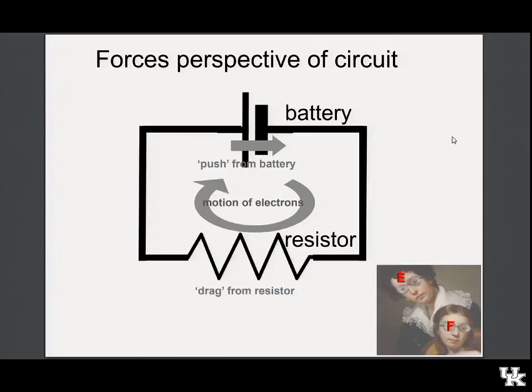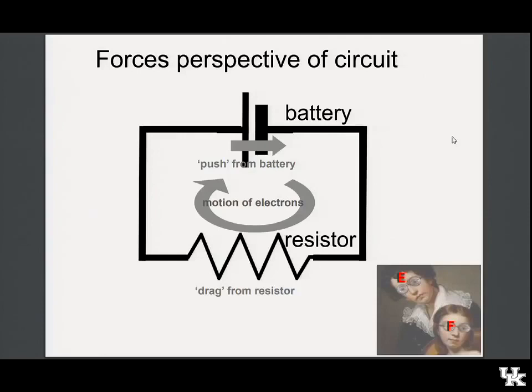So the battery is providing the push, the battery is providing the force, and as a result, there's movement of charge, there's a flow of charge around the circuit. So that's a force perspective where we think about forces, pushes, pulls, and we think about movement, motion. So that's one way of thinking about the circuit.